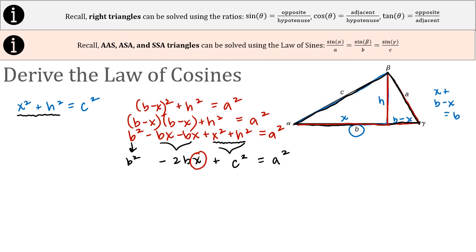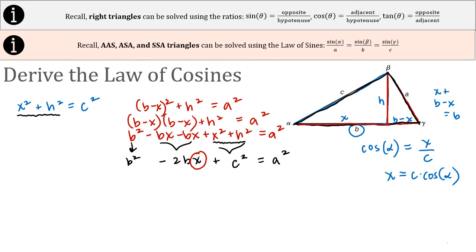And here is the way that I'm going to do that. That x is part of the right triangle. And in that right triangle, notice that the cosine of alpha would equal x over the hypotenuse of c. What that tells me, if I multiply both sides by c, is that another way to write x is that x is equal to c times the cosine of alpha.